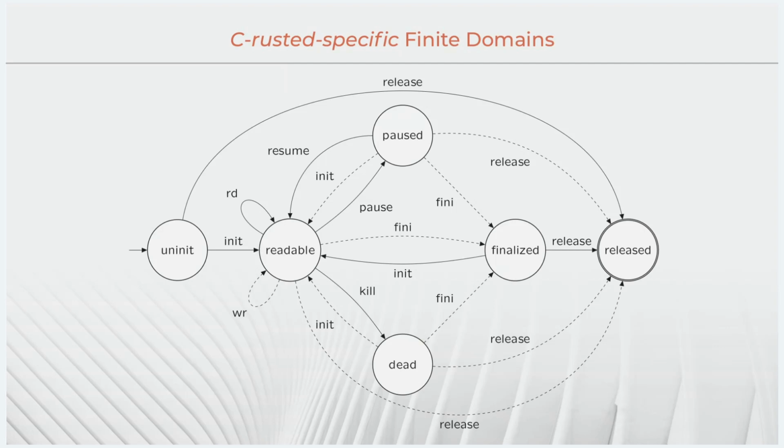Here I'm showing one of the domains used by the Cerrated analyzer in order to reason on the evolution of all resources. Here we see that a resource starts in the uninitialized state, and when it is properly initialized, it becomes readable.